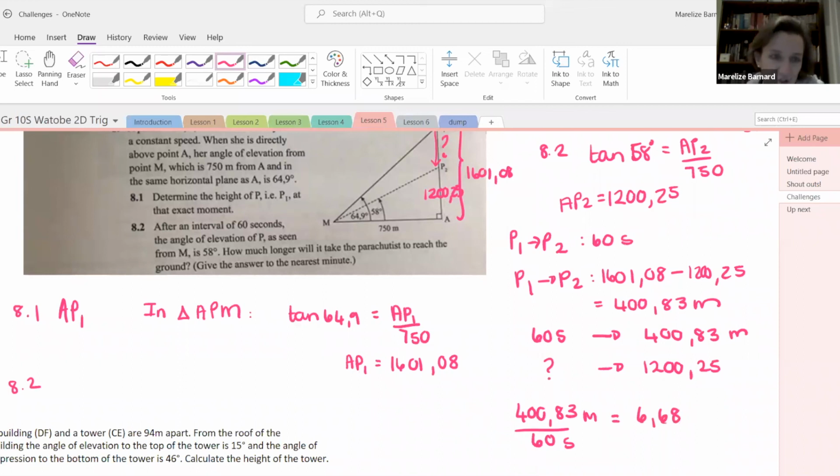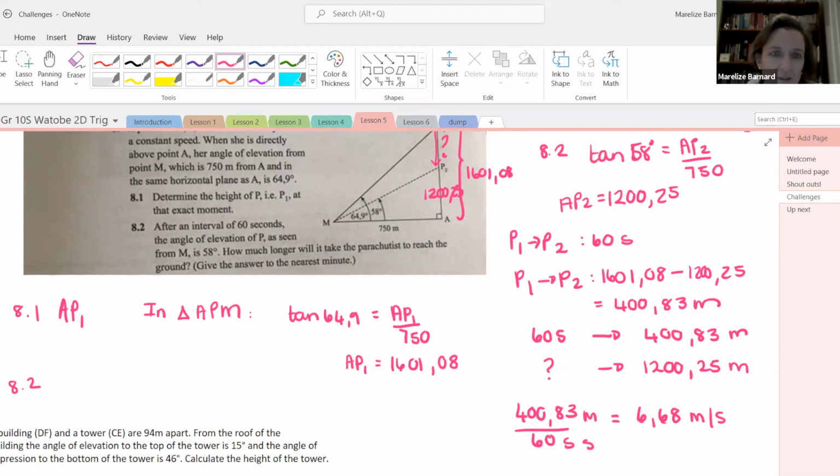And now what have we just worked out? We've worked out that she travels 6.68 meters per second. So how long is it going to take her to travel the 1,200.25 meters? Yeah, Kotlana, that's right. All of you said 6.68. That's right.